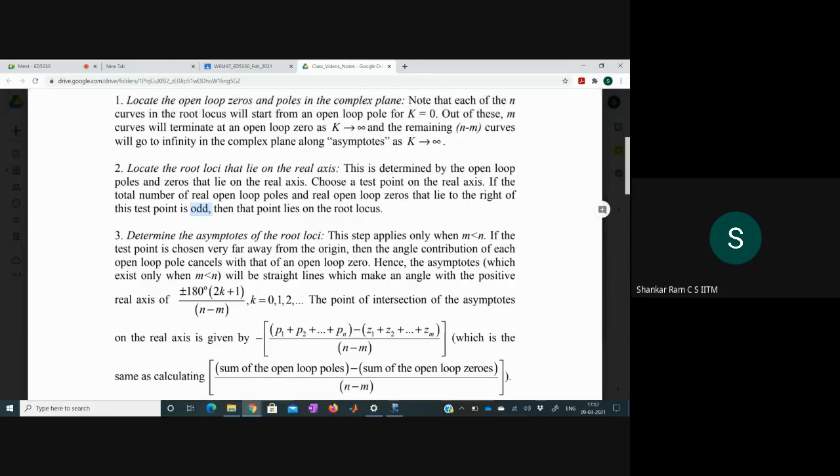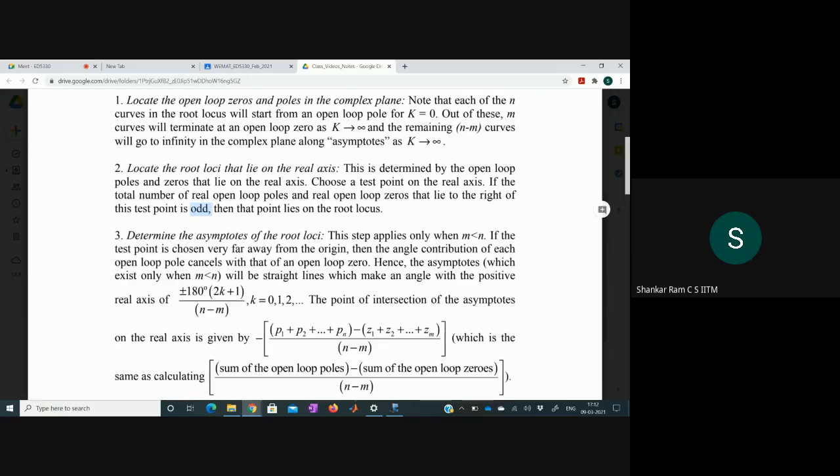So what is the connection to our angle condition? Without going into the derivation of these steps, I am just giving you the connection. The connection is that we want an odd multiple of 180 degrees, right?